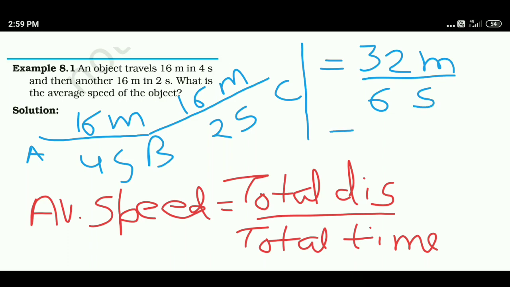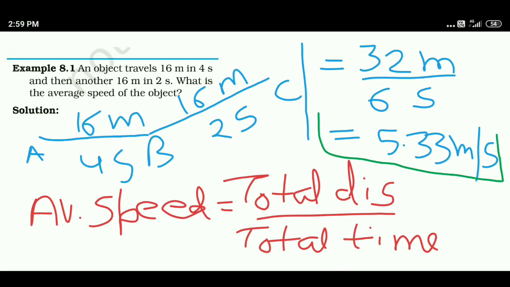Now by solving we will get 5.33 meter per second. See students, this is the average speed of the object. And now what is meter per second over there? You know, meter per second is the unit.